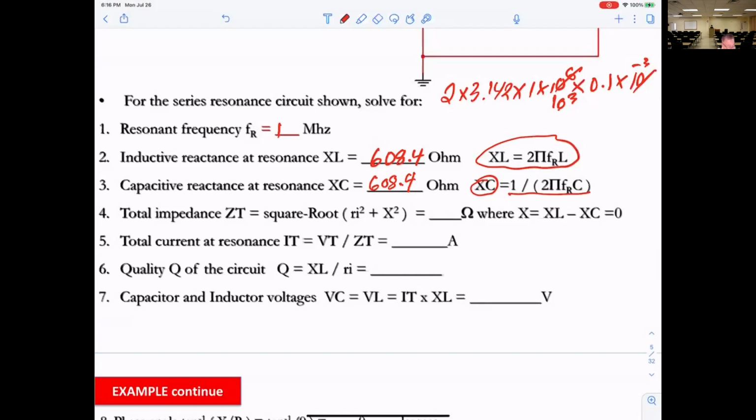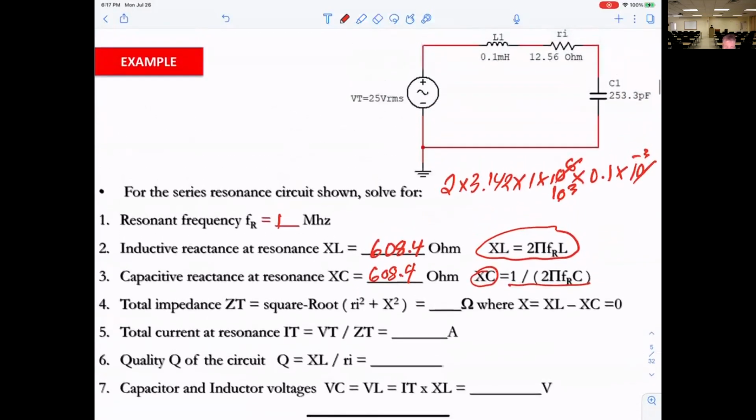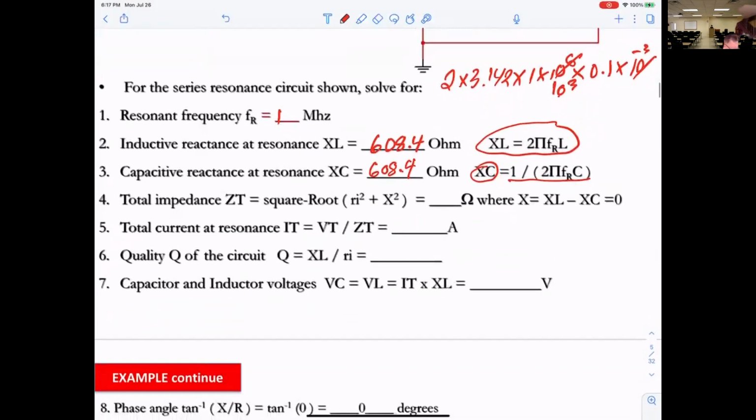What do you think you get? 12.56 ohm. 12.56, right?